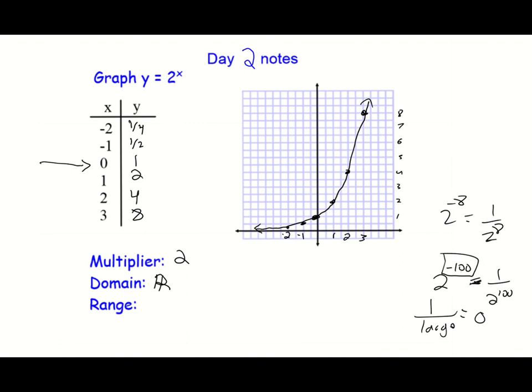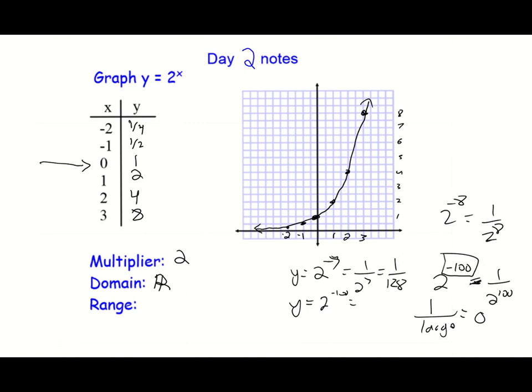Let's just try it out. Y equals 2 to the -7. Well, we know that's 1 over 2 to the 7, and 2 to the 7th is 128, so 1 over 128. That's a really small number, but it's not 0. You could get even crazier, like 2 to the negative 100, but it's still not going to be 0.